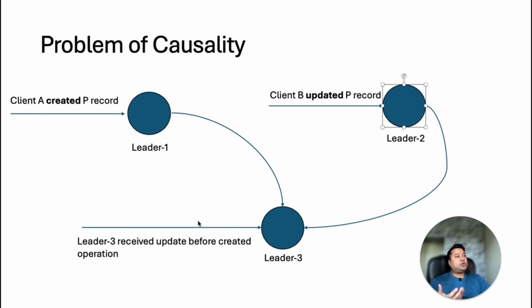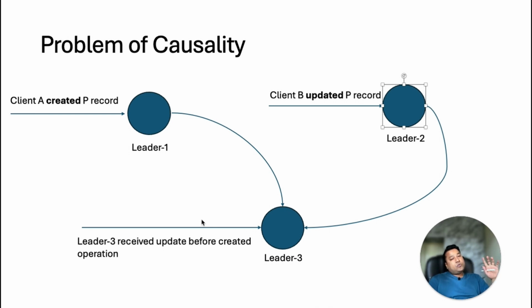So actually you are trying to update a P record which is not even created at leader 3. Again, this is known as the problem of causality. So this is also known as causal consistency, right? The way you maintain this causality is using causal consistency.